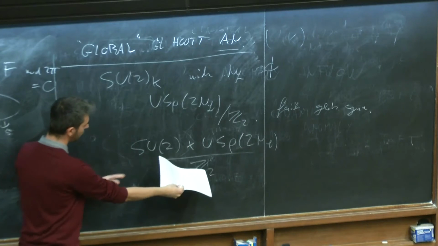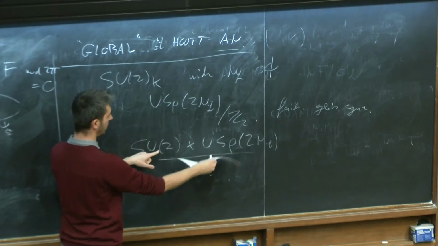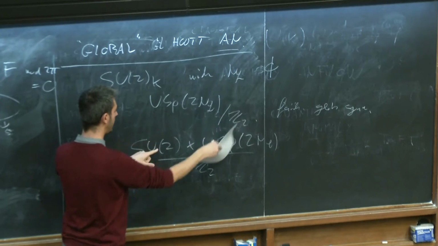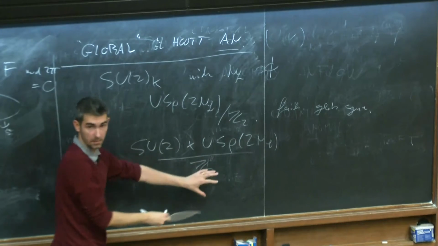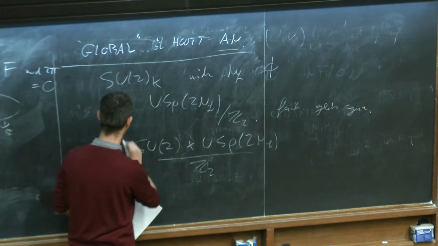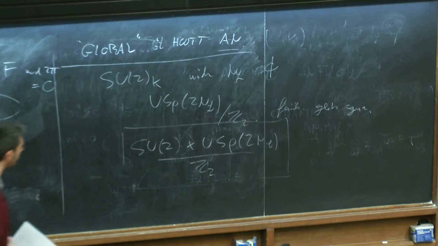And here I divide by Z2 because this Z2 is the common center, but they do the same thing. The center of this puts a minus for all the fields, but also the center of SU2 gives a minus to all the fields, so they do the same. I don't want to double count. Okay? So the scalar fields are coupled to gauge fields for this group.